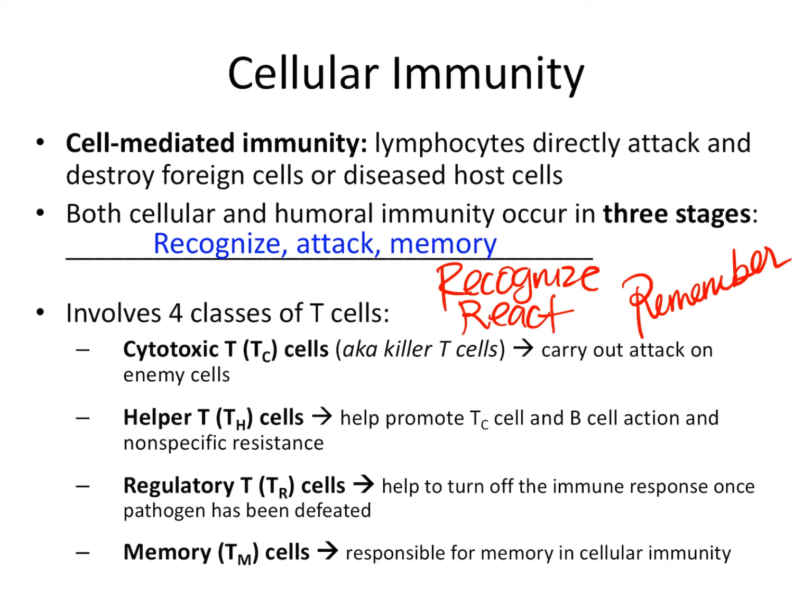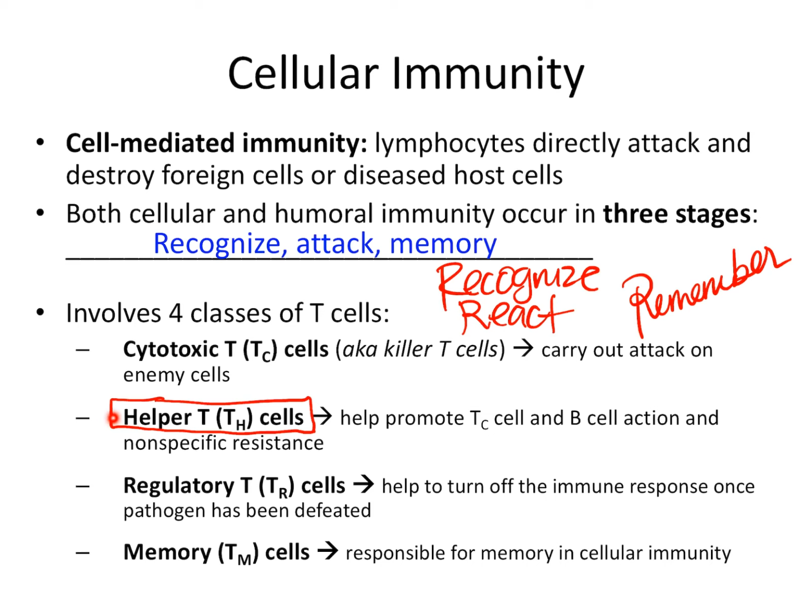There are 4 different types of T cells involved in cellular immunity. 3 out of those 4 are only involved in adaptive or specific immunity, and 1 type, helper T cells, is involved not only in adaptive immunity but also plays a role in non-specific or innate immunity, due to its ability to release cytokines that promote inflammation and promote the activity of our other white blood cells involved in innate immunity.